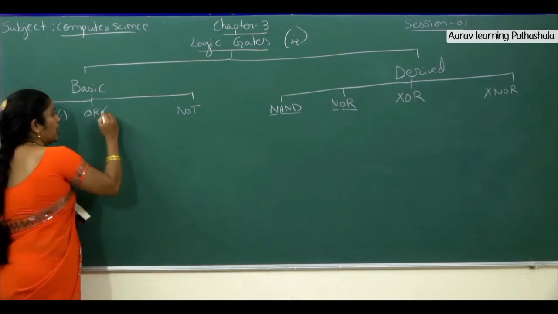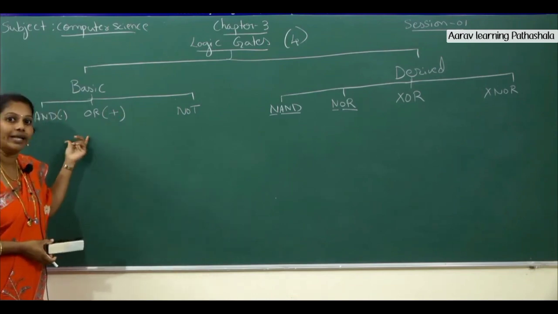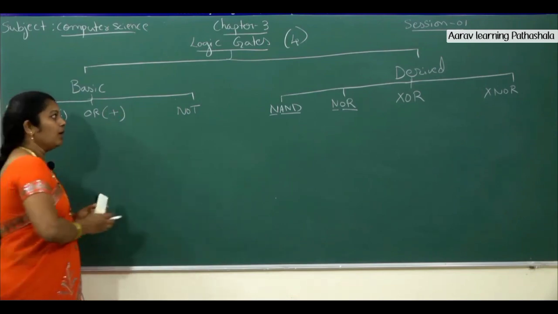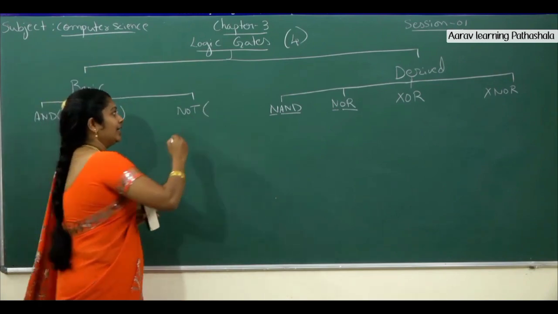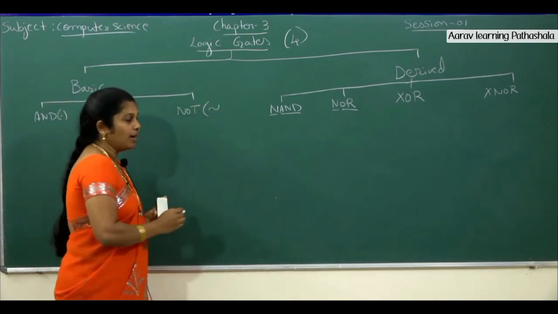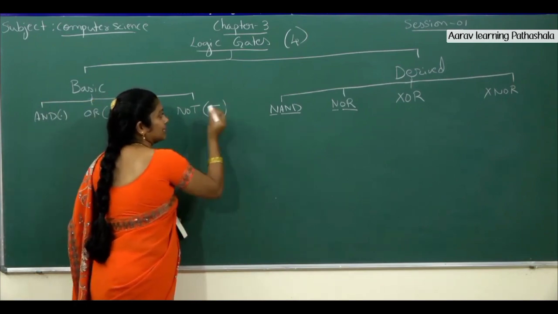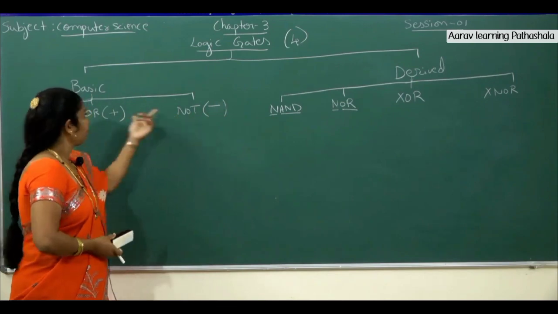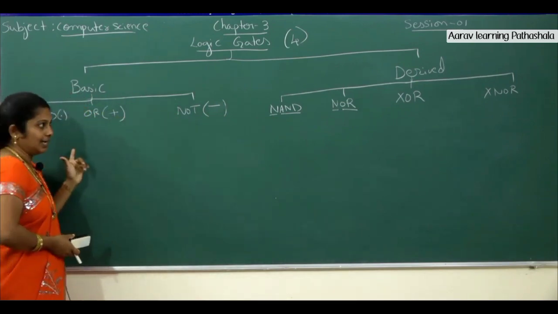For OR, we use the plus symbol in between the variables. NOT gate is also called inverter gate. Here you can use the negation form, or otherwise the bar format, to represent the operation.